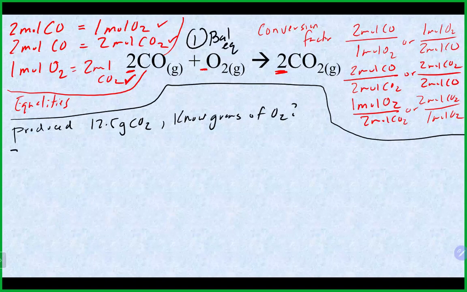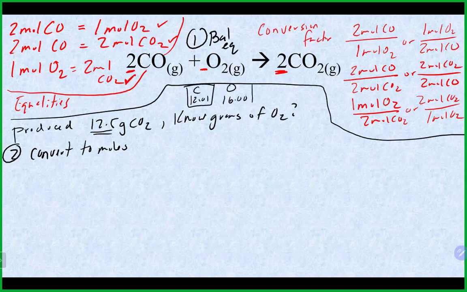Step number 2 is to convert to moles. In this particular case, we have 12.5 grams of CO2, which means we do need to convert it to moles. So we would need to go to the periodic table and find carbon, which is 12.01, and oxygen, which is 16. We need the molar mass for CO2.